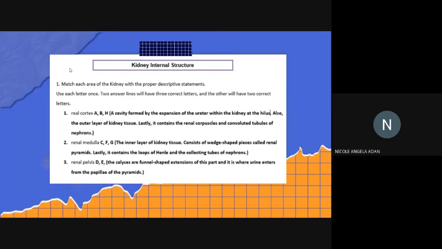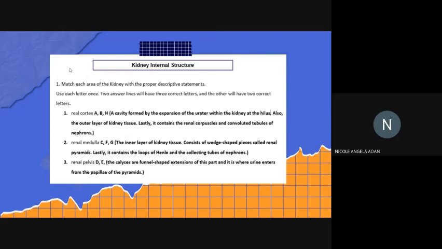Number 2, the following diagrams depict the frontal section of a kidney and the magnified wedge of kidney tissue. Label the parts indicated. For the left picture, number 1 is the renal pelvis, number 2, the renal artery, number 3, the renal vein, number 4, the ureter, number 5, the medulla, number 6, the major calyx, number 7, the cortex, number 8 is the minor calyx.